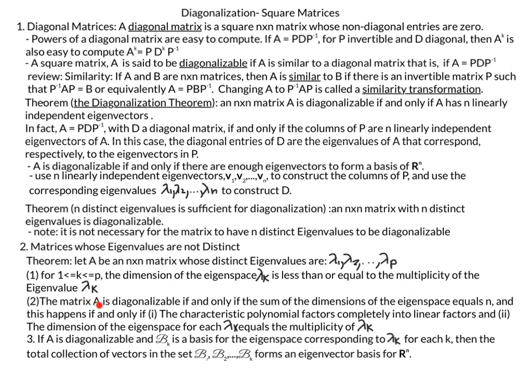And two, the matrix A is diagonalizable if and only if the sum of the dimensions of the eigenspaces equals n. Then we have this bonus theorem that says if A is diagonalizable and B sub k is the basis for the eigenspace corresponding to the kth eigenvalue, then the total collection of our bases for the eigenspaces forms an eigenvector basis for R n.